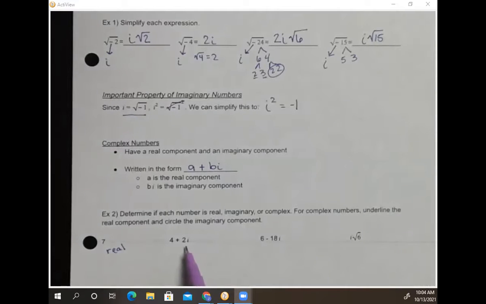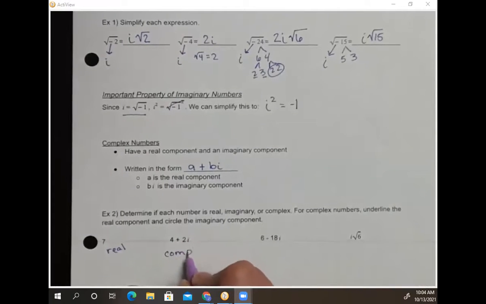How about 4 plus 2i? Have you seen a number like this before today? No. Okay, so that means it's got to be either real or complex. Since it's got a real part and an imaginary part, that makes this a complex number. My real component would be 4. My imaginary component is 2i.